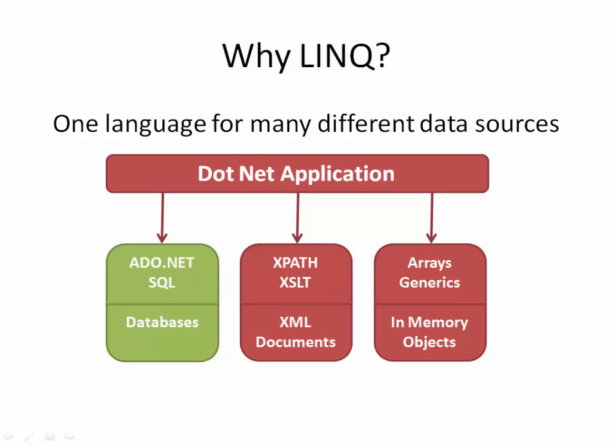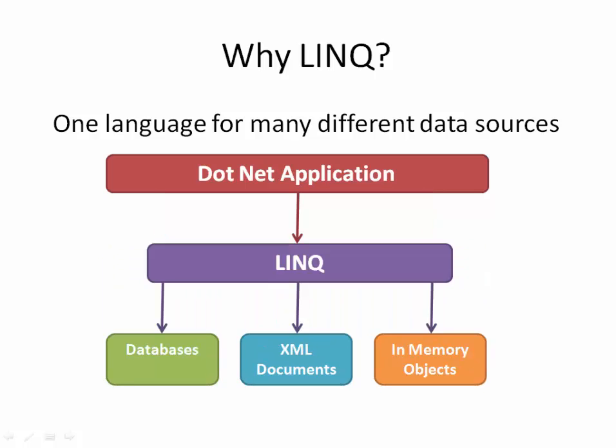To retrieve data from a SQL Server database, we would need to understand ADO.NET and Transact SQL. To retrieve data from XML document, we would need to understand XPath and XSLT. To retrieve data from objects in memory, we would need to understand how generics and arrays work.